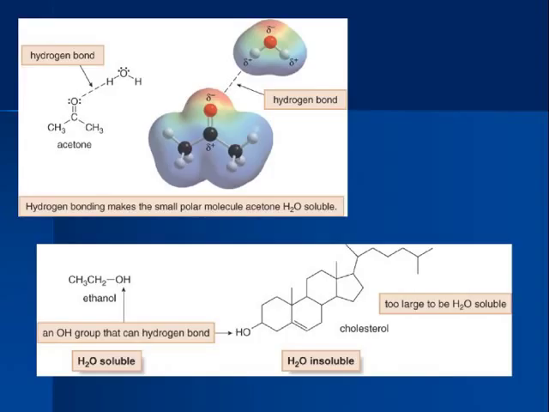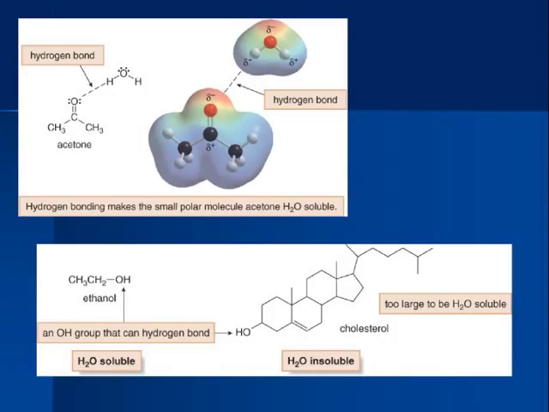Now, this will be the last thing that we talk about today. If we look at ethanol versus cholesterol, they are both alcohols. But ethanol is soluble in water, whereas cholesterol is not. This is why your arteries get clogged up with cholesterol, because your blood is mostly water, right? Why the difference? They both have the same functional group.